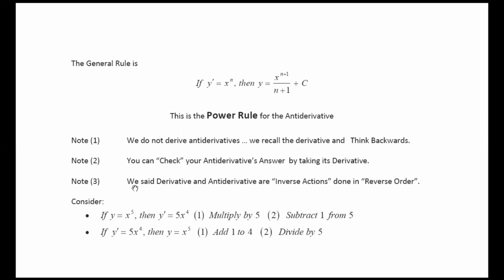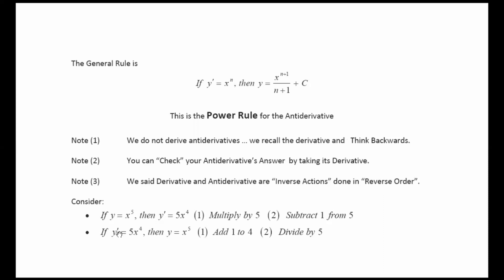Note 3. We said that the derivative and the antiderivative are inverse actions done in reverse order. Consider the following. If y is x to the 5th and you want to take the derivative, what do you do? Well, first you multiply by 5, and then you subtract 1 from 5 and get the 4.